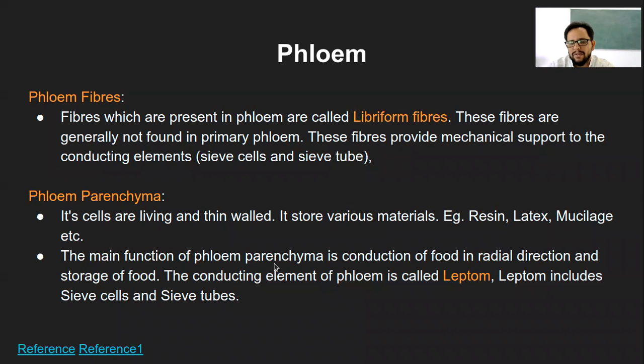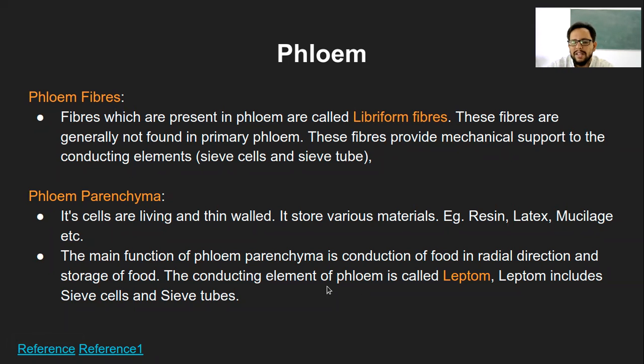The main function of the phloem parenchyma is conduction of food in the radial direction, just like xylem parenchyma was responsible for conduction of water and minerals in a radial manner. Phloem parenchyma also provides food in the radial direction and stores food.